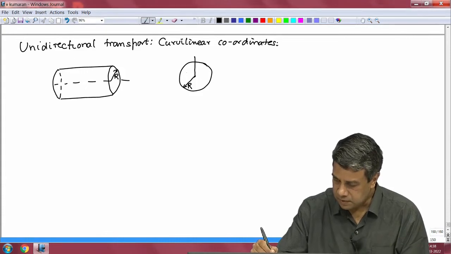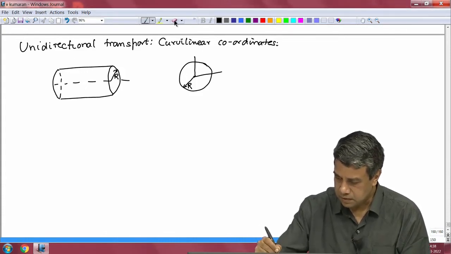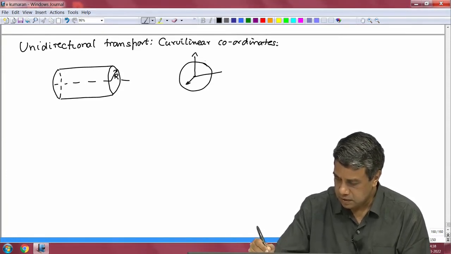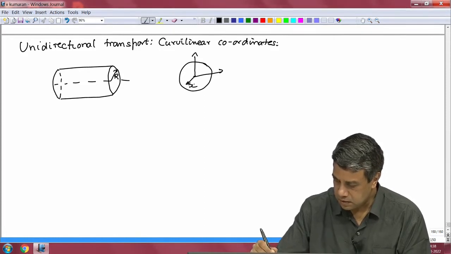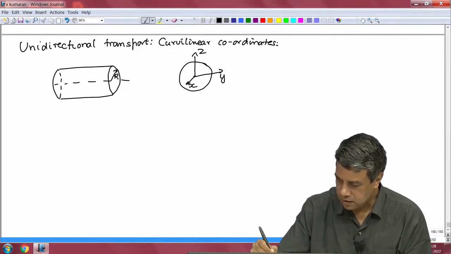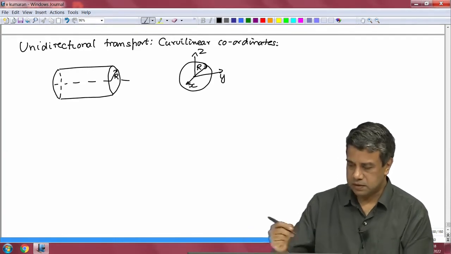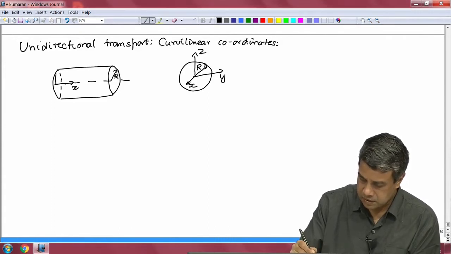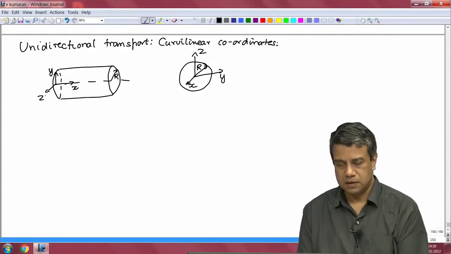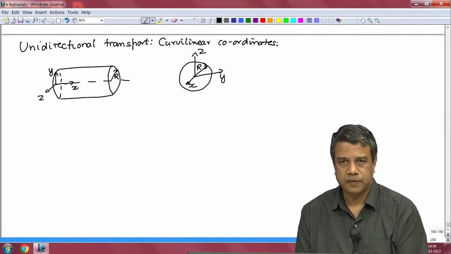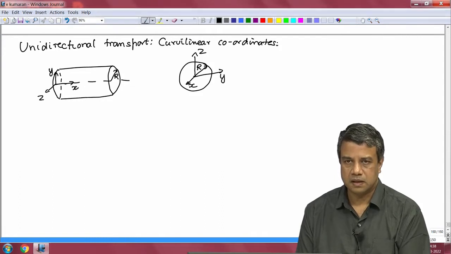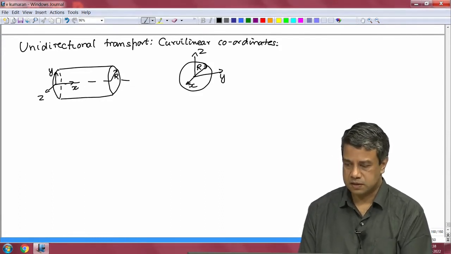So, for example, we could set up a 3-dimensional coordinate system here, x, y and z, where r is the radius of the spherical particle, or we could set up a coordinate system here with x, y and z, where r is the radius of the pipe, and then we solve the differential equations that we had derived and then apply boundary conditions.